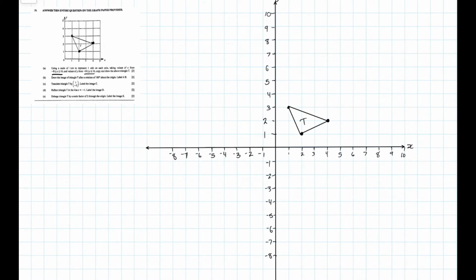Alright, and now it says to draw the image of triangle T after a rotation of 180 degrees about the origin and label it B. So we need to rotate it 180 degrees. So if we're starting in this quadrant here, which is quadrant 1, and we're going to be rotating 180 degrees, we should be ending up in the third quadrant, in whichever direction we want to go, whether it be clockwise or counterclockwise.